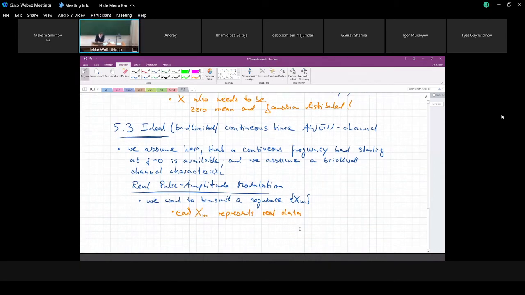And we do this by assigning a certain waveform, because we have to transmit a waveform. And we denote this waveform, let's say, as psi1 of t. There's only one waveform in our case. We assign a certain waveform to each XM.